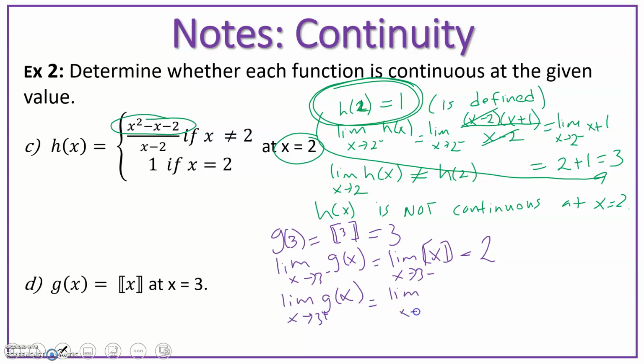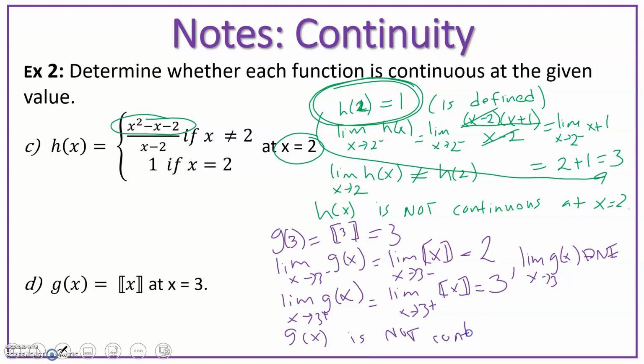And if you remember correctly, if we go from the right, like 3.001, it will spit out 3. Now, because of both of these conditions, we can see that the limit of g of x as x approaches 3 does not exist. And therefore, g of x is not continuous at x equals 3.